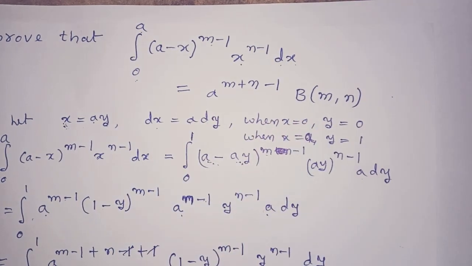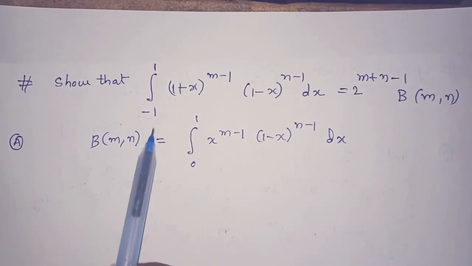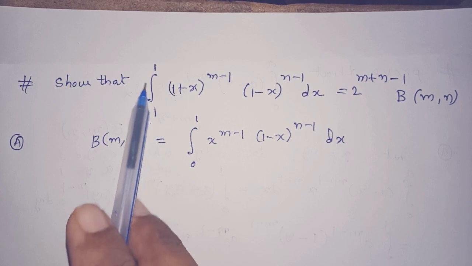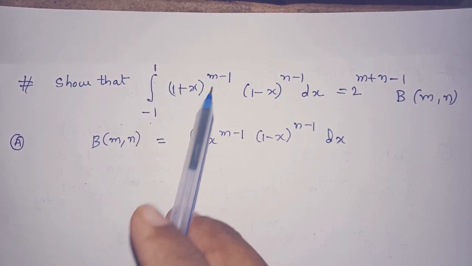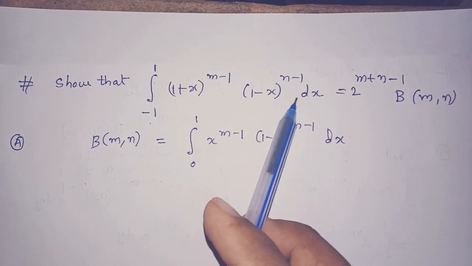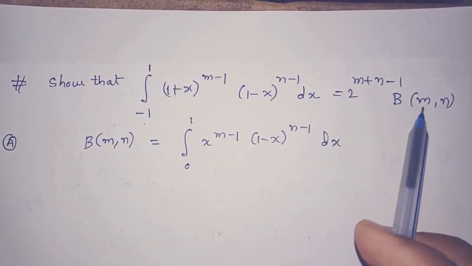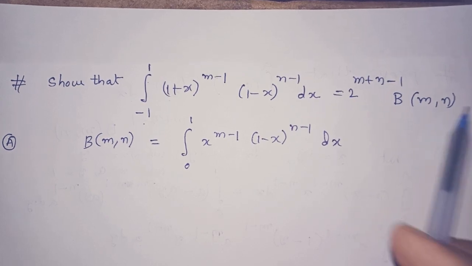Okay, now the second problem is: show that the integral within limits minus 1 to 1 of (1 plus x) to the power of m minus 1, (1 minus x) to the power of n minus 1 dx is equal to 2 to the power of m plus n minus 1 B of m, n.